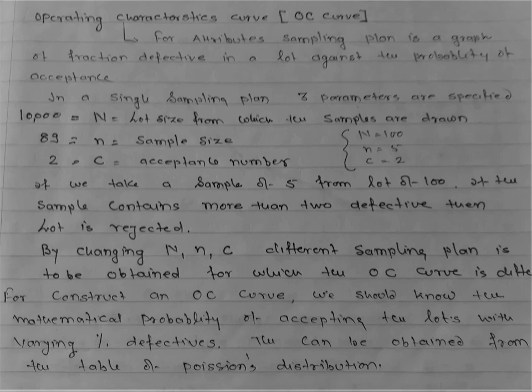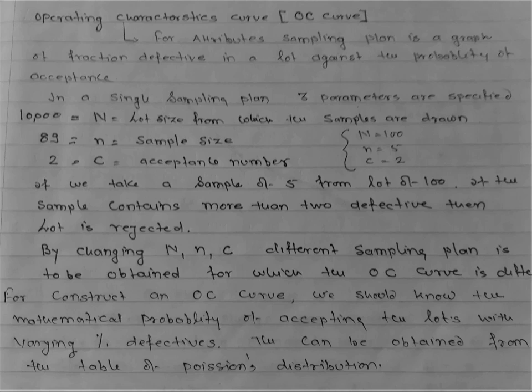So by changing capital N, that is the lot size, small n, that is the sample size, and c, that is the acceptance number, different sampling plans are obtained, from which the operating characteristics curves differ.